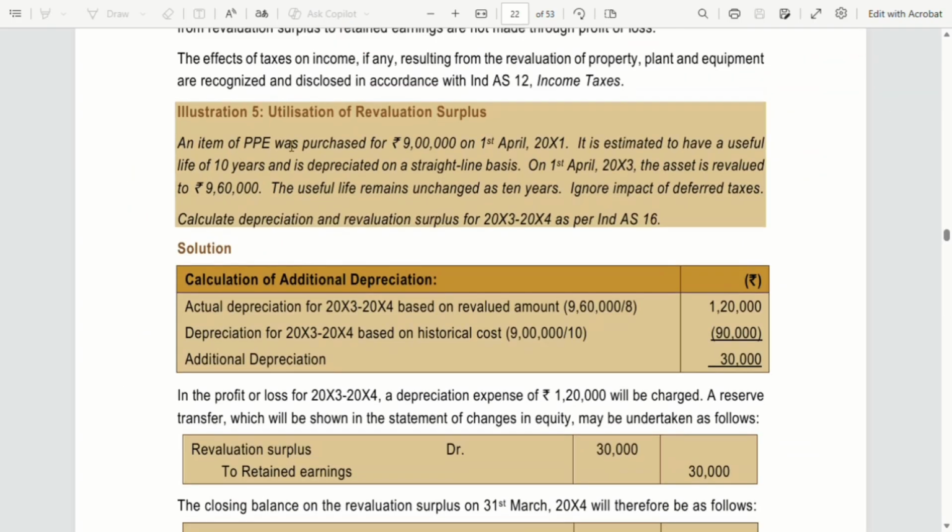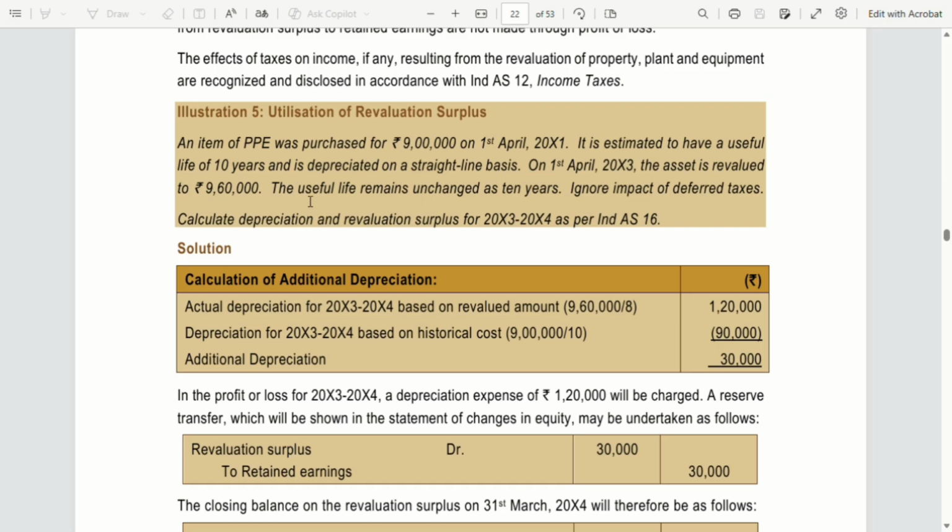An item of PPE was purchased for rupees 9 lakh on 1st April 2001. It is estimated to have a useful life of 10 years and is depreciated on a straight line basis. On 1st April 2003, so see after 2 years, the asset is revalued to rupees 9,60,000. हम लोग क्या करेंगे कि 2 years का depreciation charge करके हम लोग carrying value लेके आएंगे after 2 years, and then we will compare with the fair value.